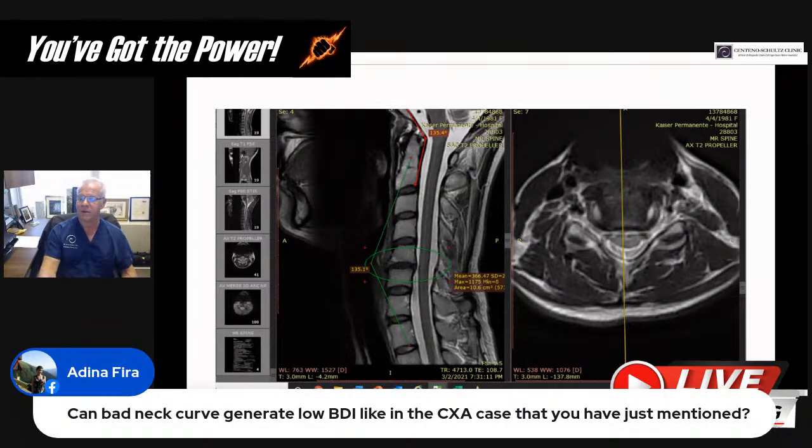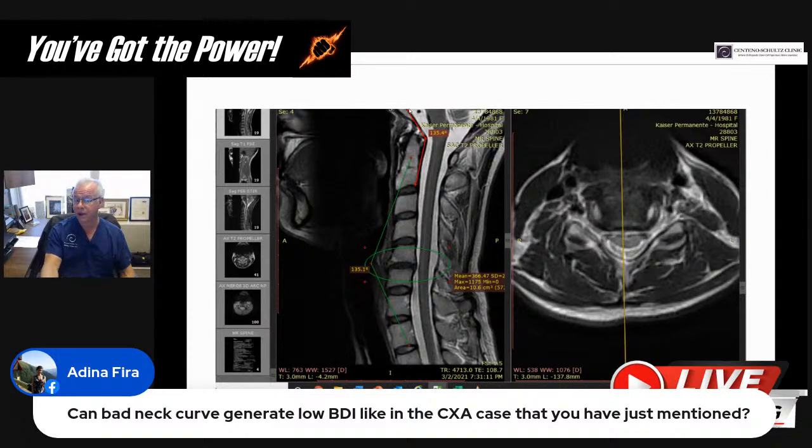Adina, can a bad neck curve generate a low BDI like the CXA case you just mentioned? Yeah, the BDI is a measurement of cranial settling. Again, the problem is that it's also going to change a bit with the curve. We have to be careful, because we need a measurement and then a physical exam and then history or other testing that shows that it's causing the problem.